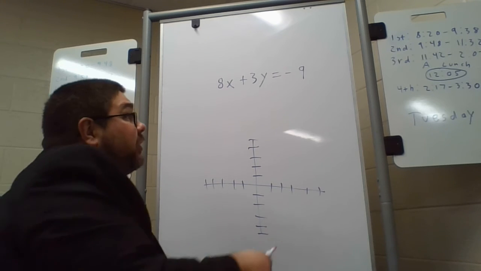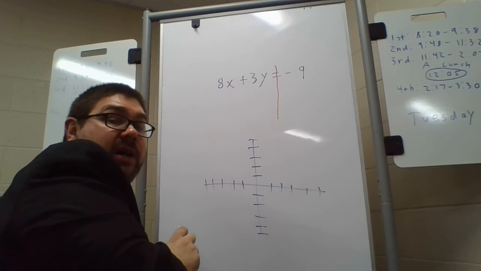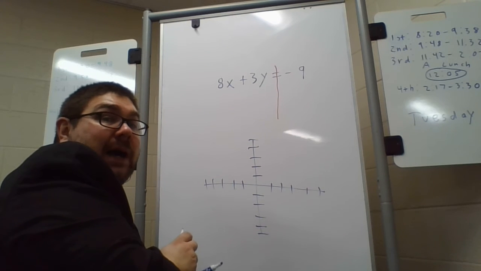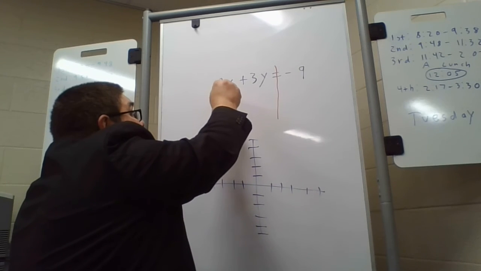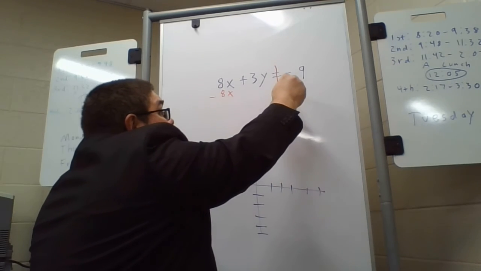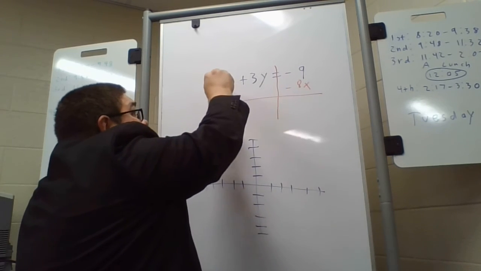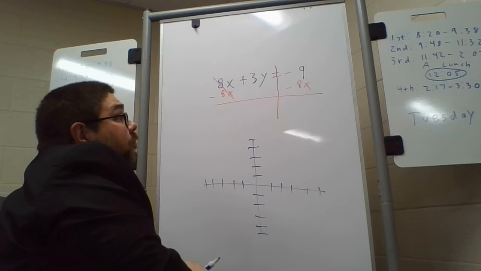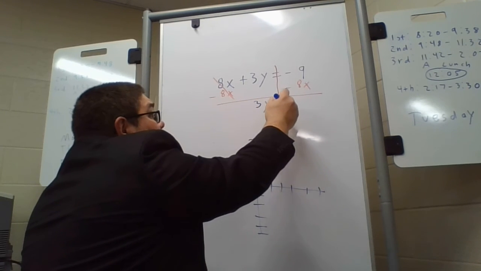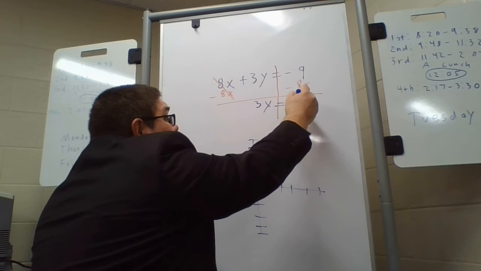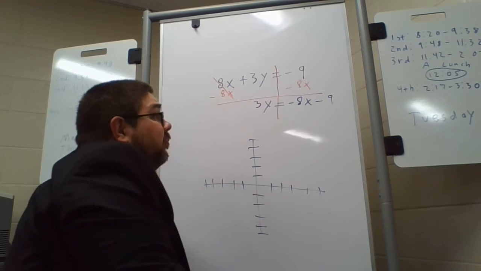The first thing we're always going to do is get rid of whatever is not connected to y, which is 8x. I'm subtracting 8x on both sides, and I'm going to rewrite the equation. I take the 3y and bring it down, and now I have negative 8x minus 9.